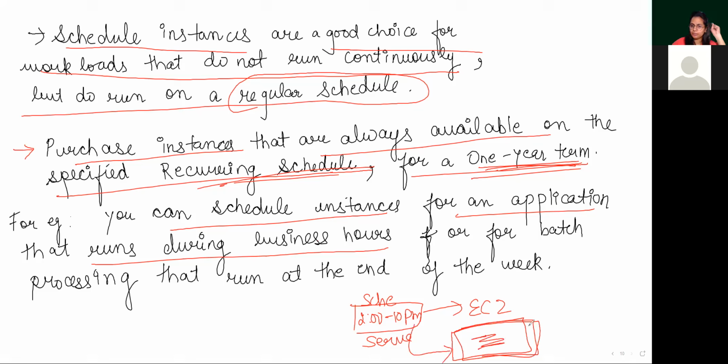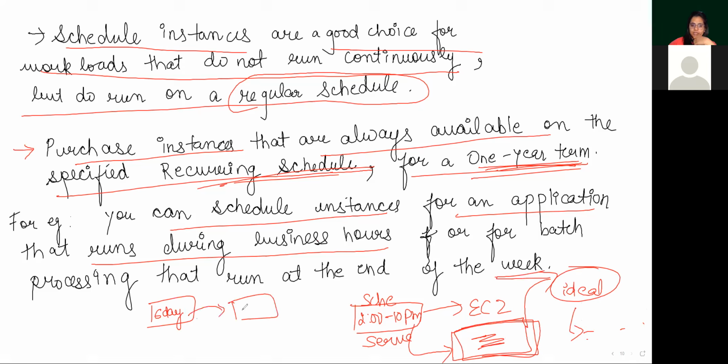Your application will run, and then they can either keep the server idle or give it to any other person. It's up to them. Or if you know that after 6 days in a week you want to run this application, you have to provide such a schedule at which you want to run the application inside the server. And they will provide you the timing.